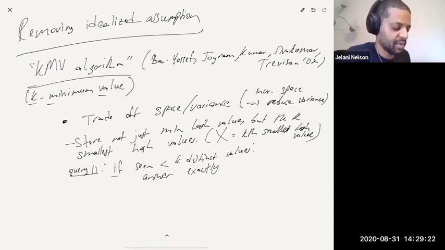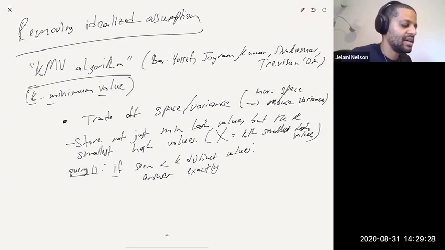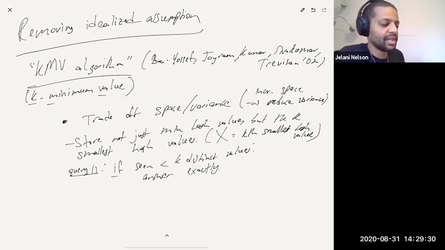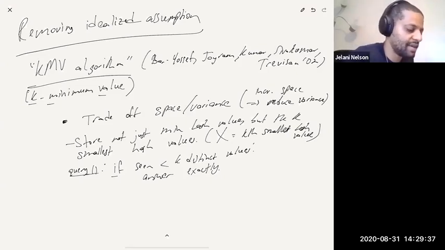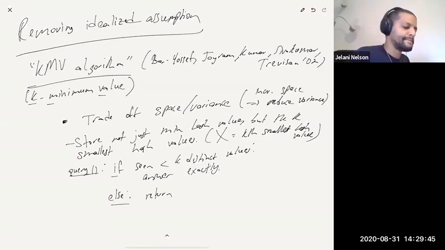Again, I haven't removed the idealized assumption yet. I will. So if I've seen fewer than k distinct values, then I'm storing the k smallest hash values I've seen, which means I'm storing them all. So I know exactly how many distinct values I've seen, and I just answer that. Otherwise, I return k over x.